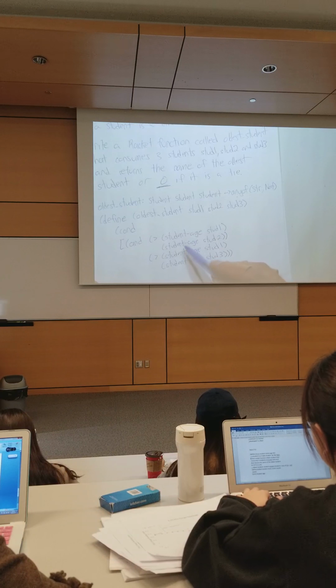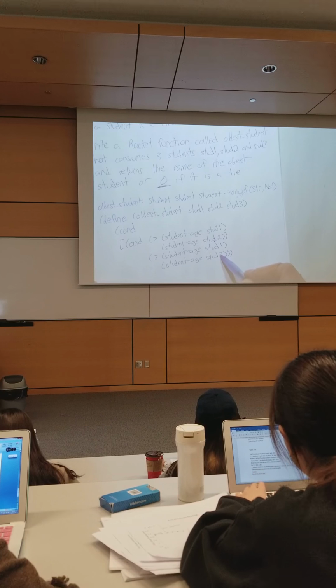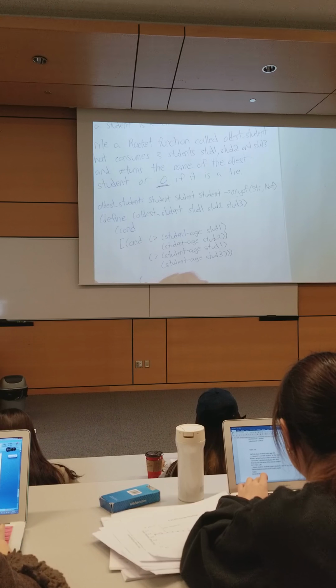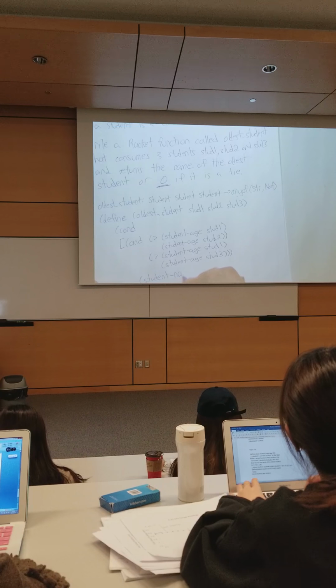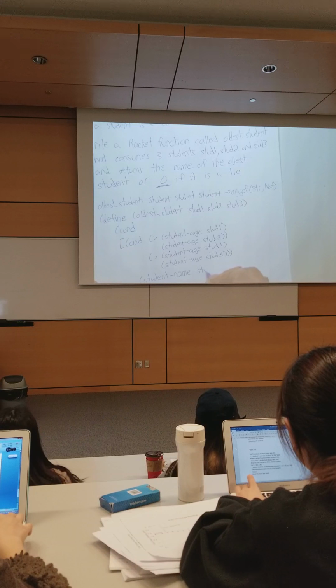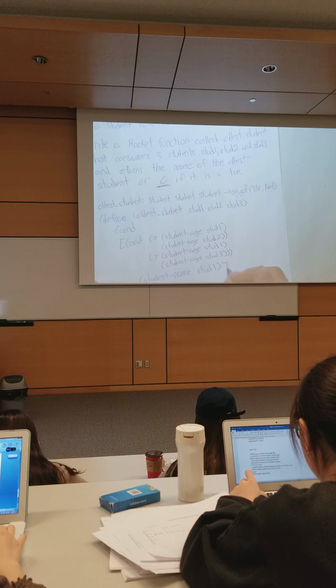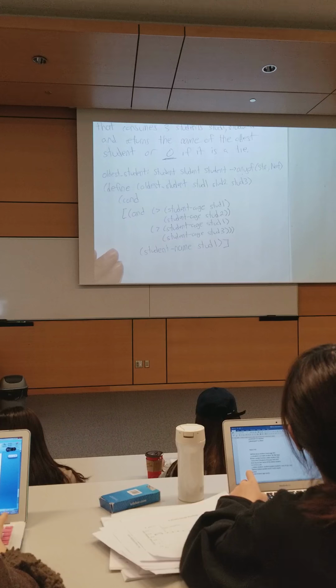Only if the age of student 1 is greater than the age of student 2 and the age of student 1 is greater than the age of student 3, only in this case do we produce student-name of stud 1. Okay?